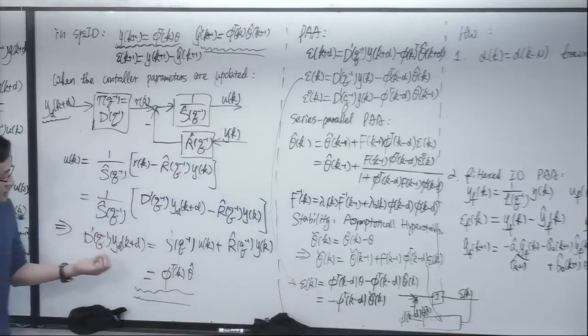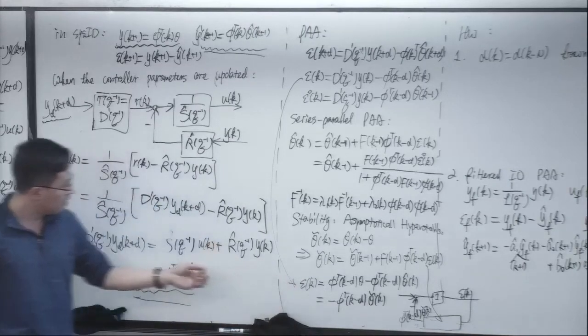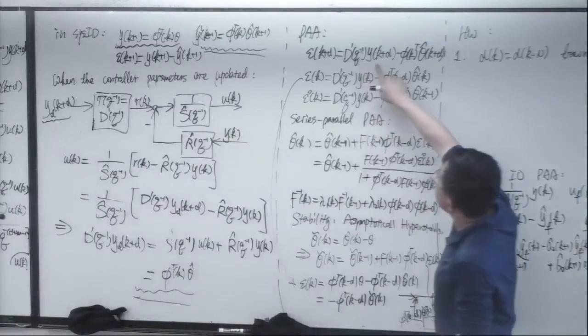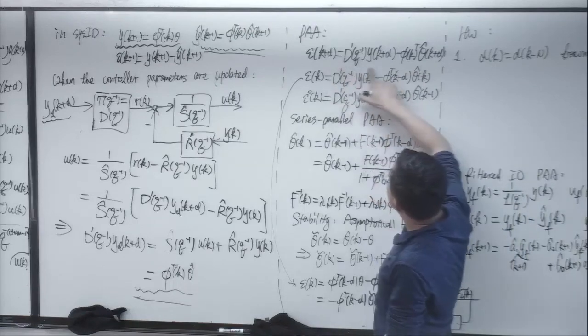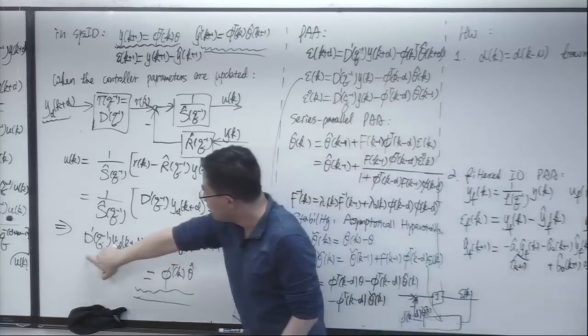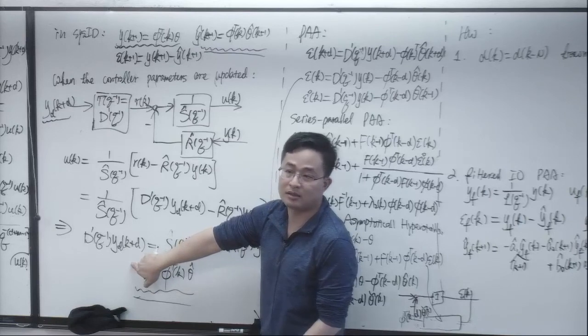But on the other hand, if epsilon is small, what does that mean? That means this one is small. That means desired d prime y minus this adaptive version, they are close to each other.